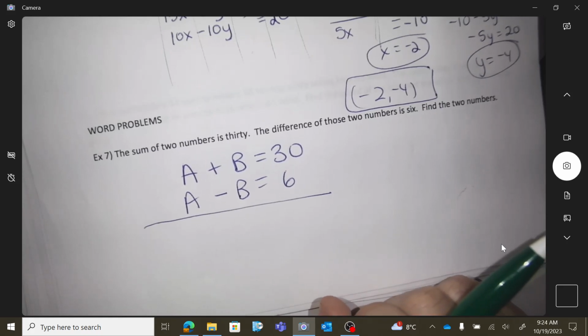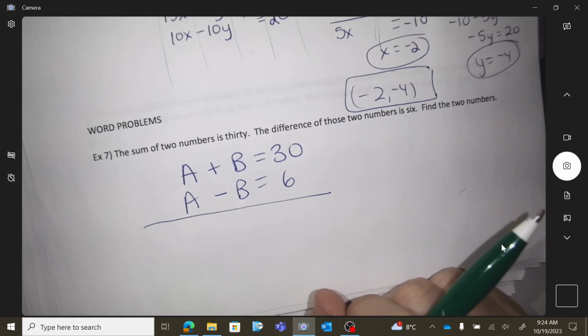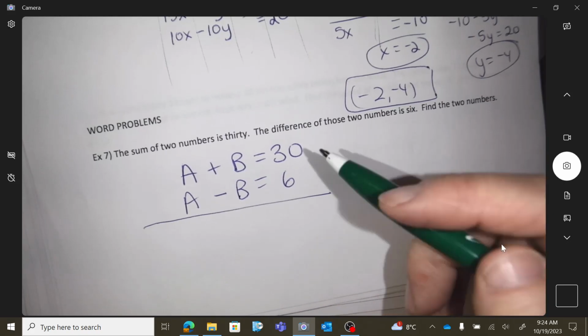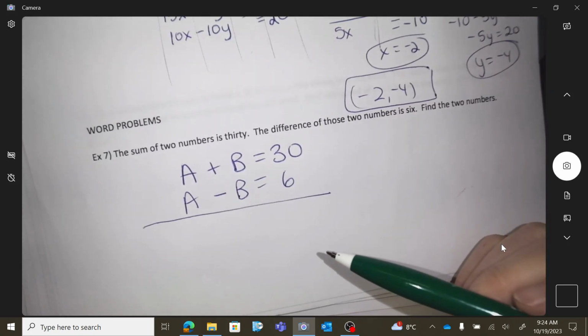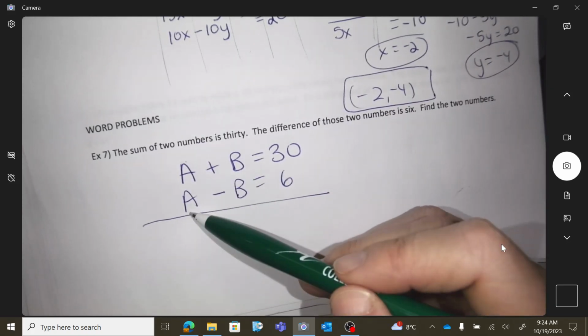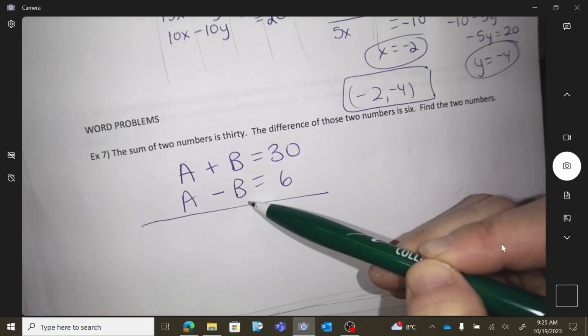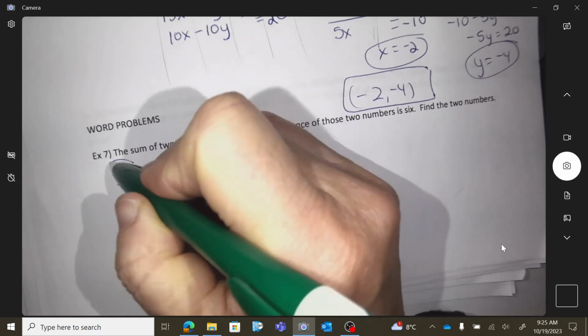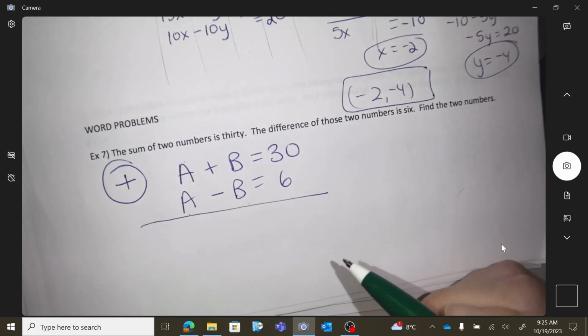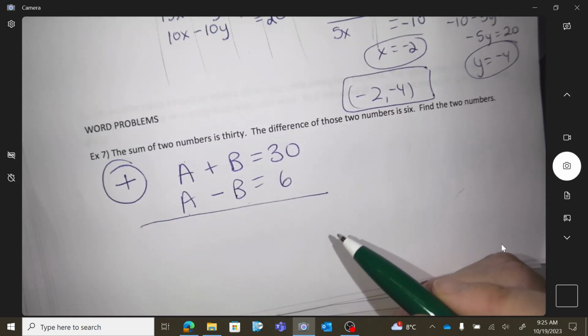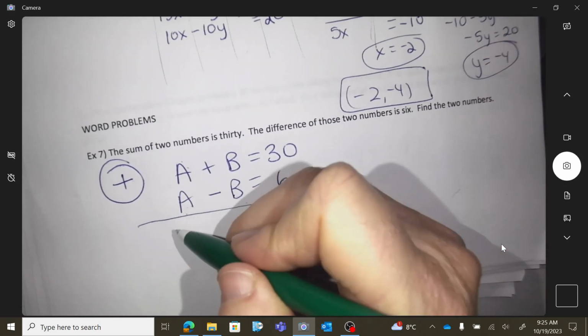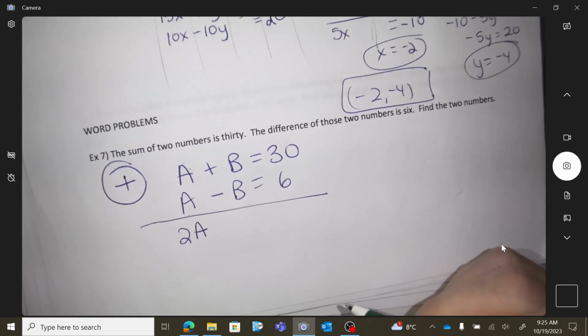Then you're probably going to pick elimination. So here we can actually do it the A's or the B's, depending on what you want to do. If you want to subtract, those would be gone. If you want to add, those would be gone. If I can pick add, I like add, but. So A plus A is 2A.